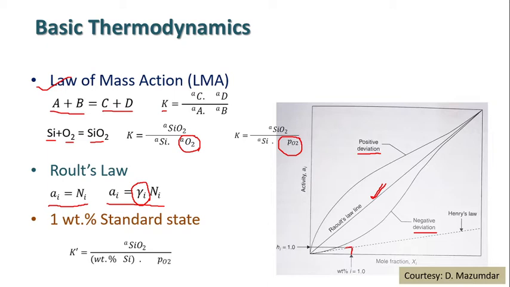If we take an example of Si, and Si plus oxygen gives rise to SiO2, then K prime will be the activity of SiO2 divided by the activity of Si, which will be substituted by the weight percentage of Si. So this will be the final expression for the 1% standard state.